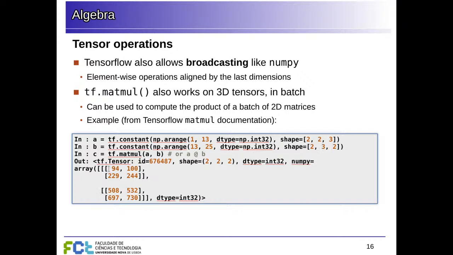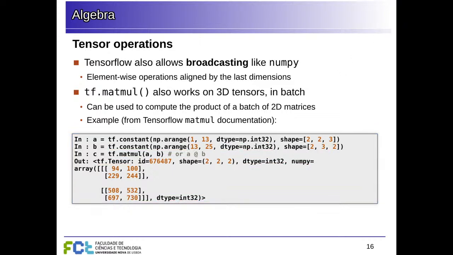And what we get here is the algebraic product of matrices A and B, using the first matrix on the tensor A and the first matrix on the tensor B, and then the same thing using the second matrix.